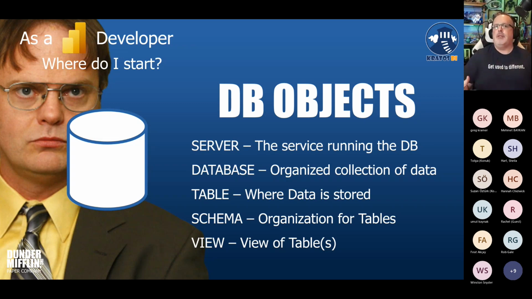And then views, which look exactly like tables to most people, but they create a layer between the actual table where the data is stored and where you as a user would come in and consume that information. There are some reasons why you might want to have a view in between there, but basically you could think of a table and a view as virtually the same thing at a very basic primitive level.